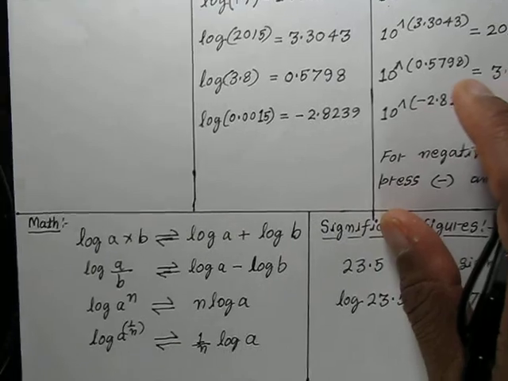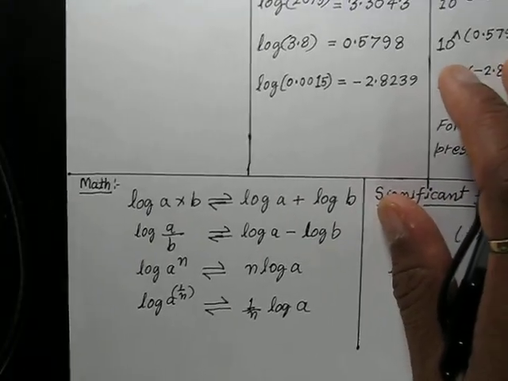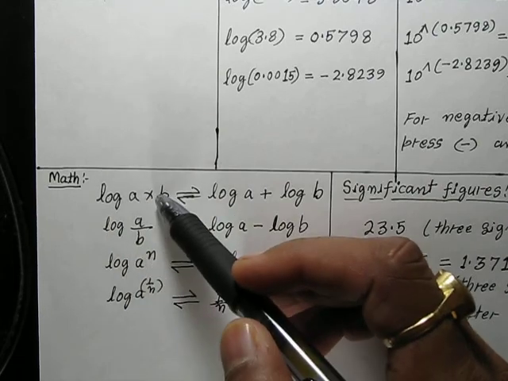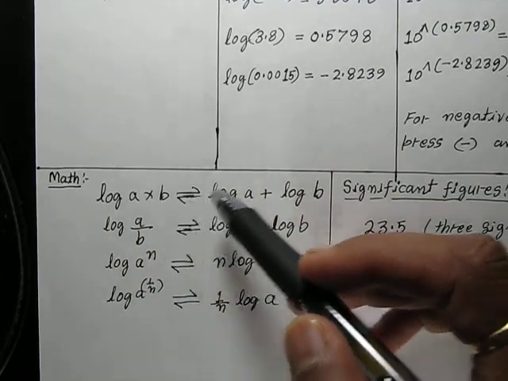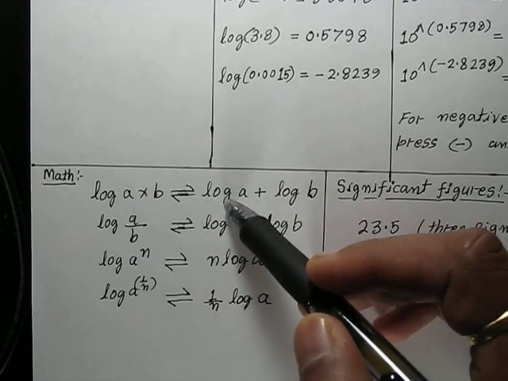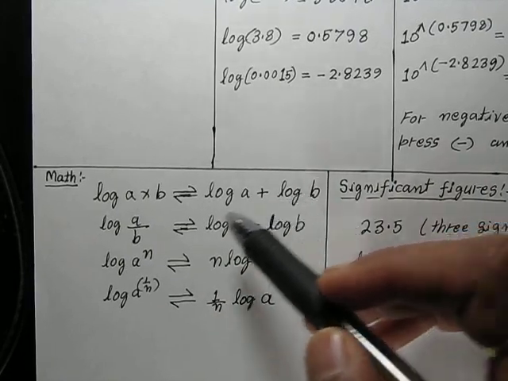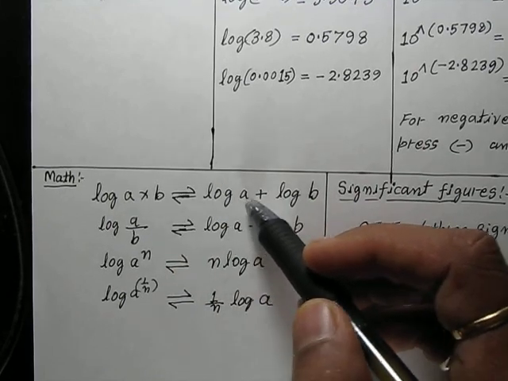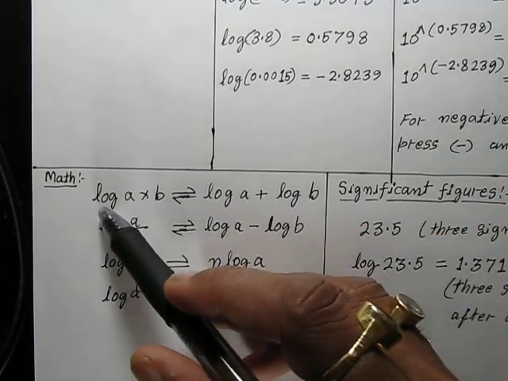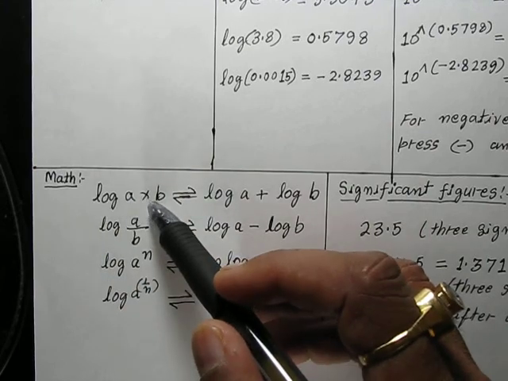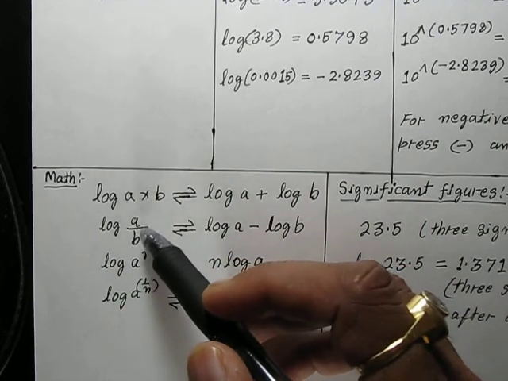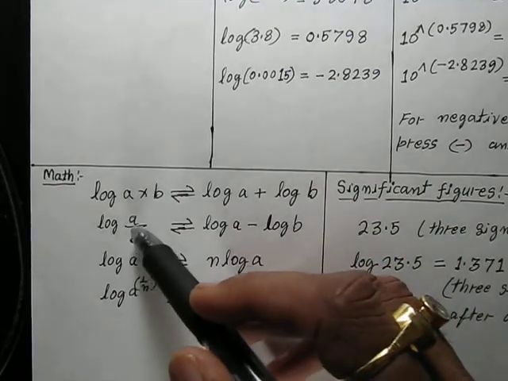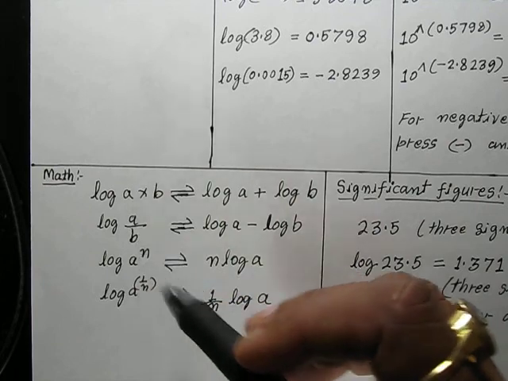Now there is some small math we have to learn about this. If we are writing log a multiplied by b, how will we open this? We can rewrite it like this: log a plus log b, and vice versa. If you have log a plus log b, you can write it in this form: log of a multiplied by b. If you subtract two log values, you can write it in divide form: log of a divided by b.